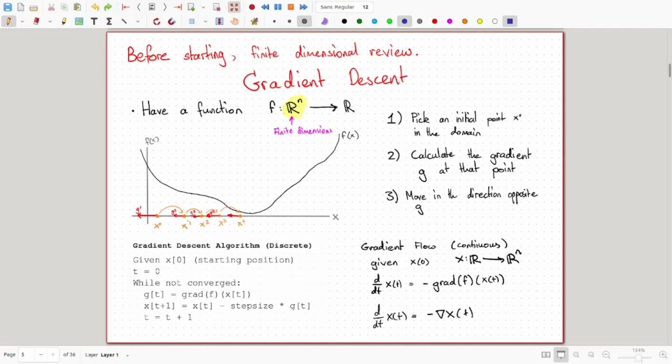So the velocity vector, you could say, at a particular time is the negative gradient at that point. So at this point here, the velocity vector will look like this because the gradient looks like this. And as it moves around, eventually it will also find the local minimum after running for infinite time. So in the limit, that's where it will reach. Okay, you can see that here.